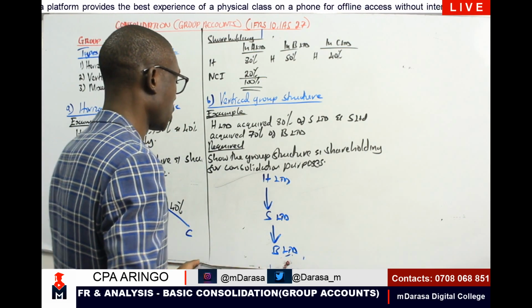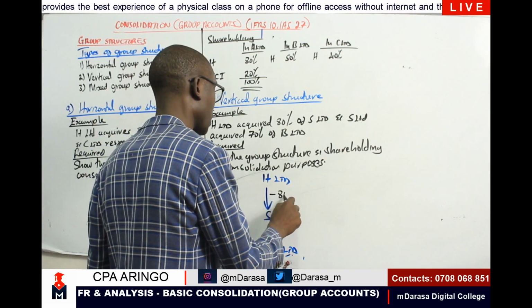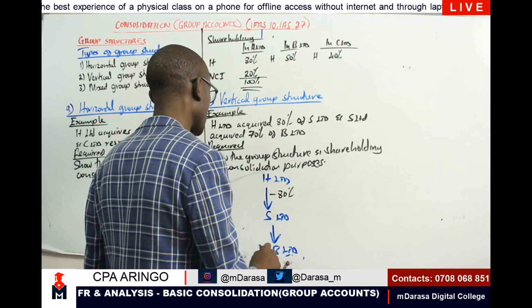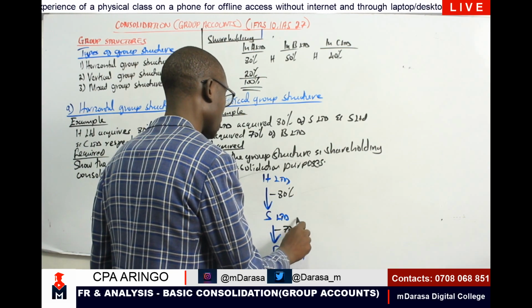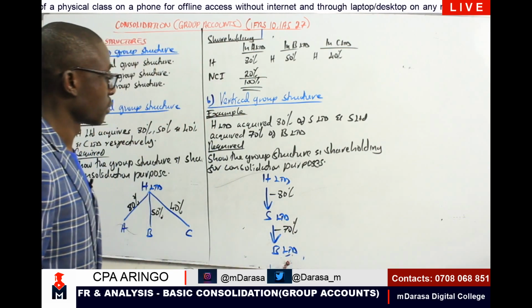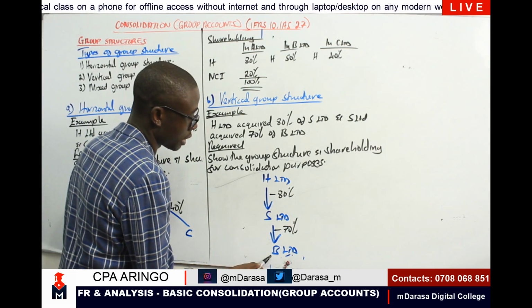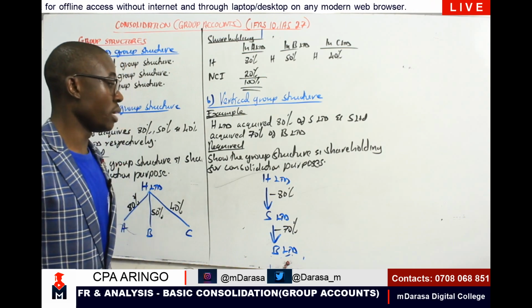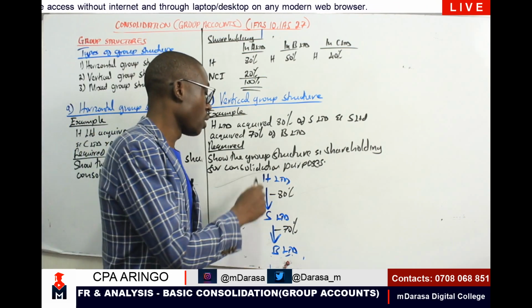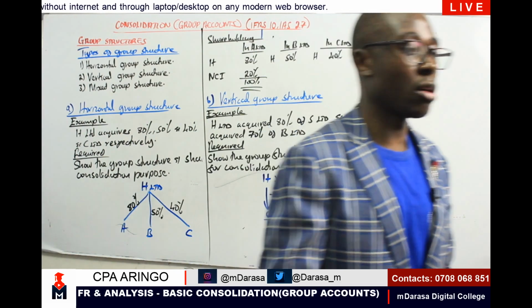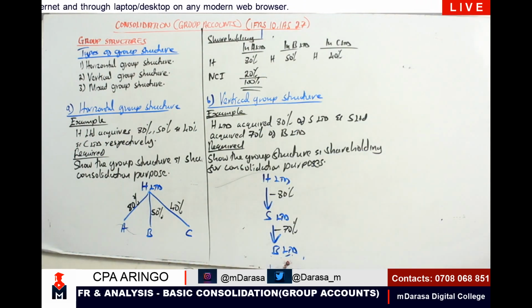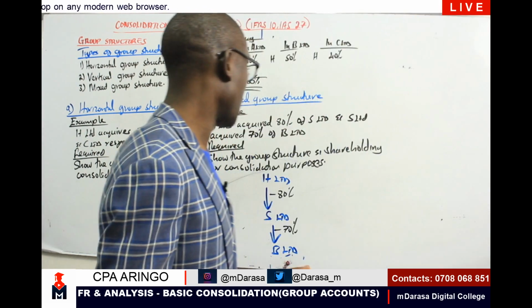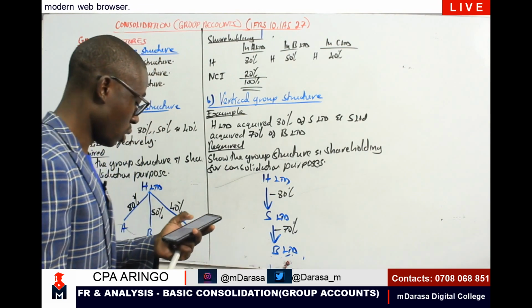So H has acquired 80% of that, whereas S has acquired 70% of B Limited. So B Limited will be a sub-subsidiary of H Limited. So that's how our group structure will look like. Meaning that at this point, H Limited has an indirect control of B Limited.